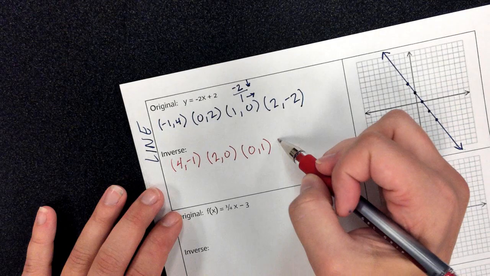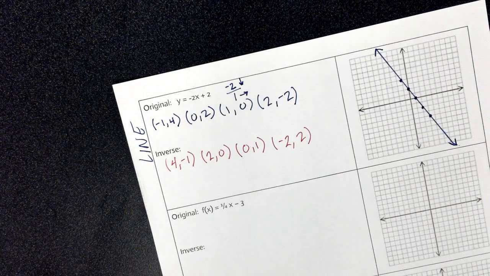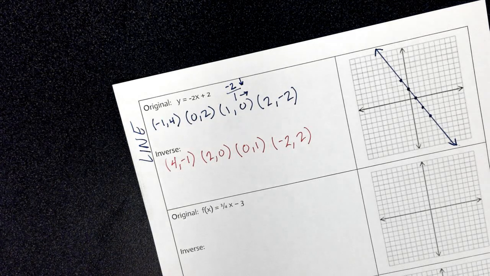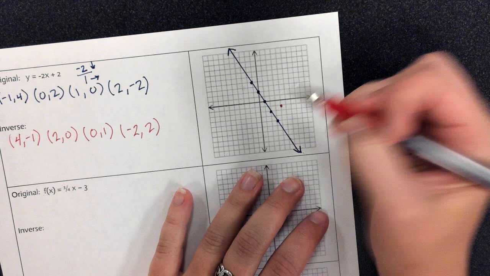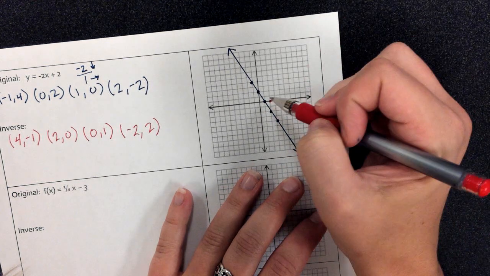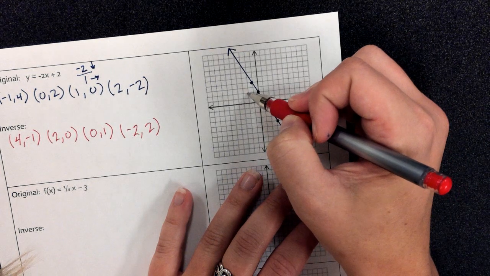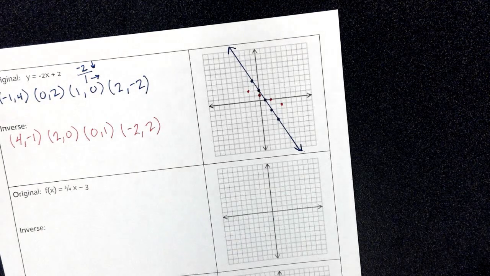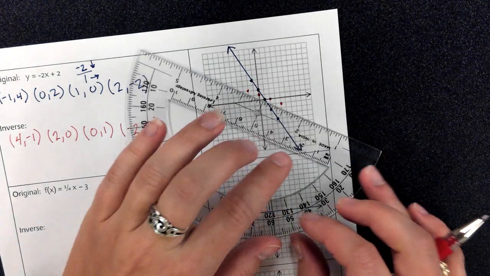And instead of 2, negative 2, I will have, with your colored pencil, go graph those quickly for me. 4, negative 1. 2, 0. 0, 1. Negative 2, 2. And since it is still a line, use your straight edge and connect your points.